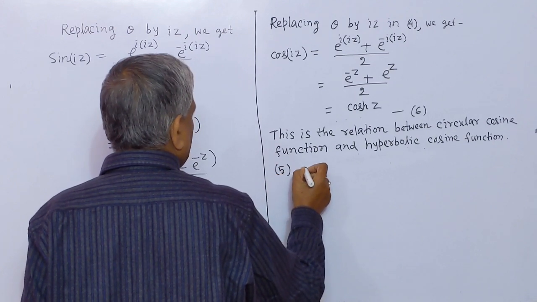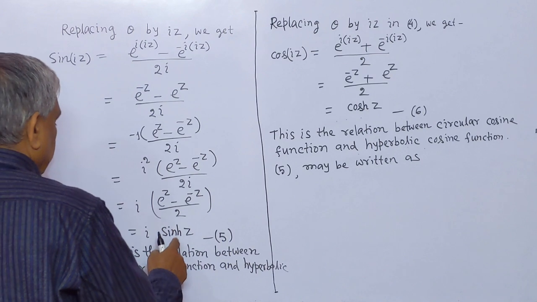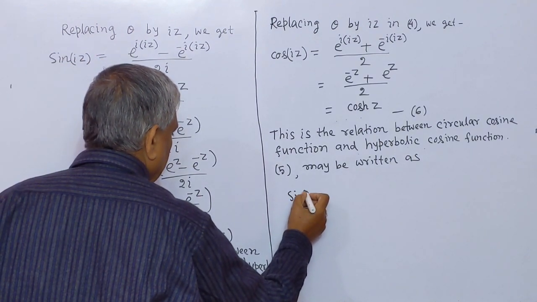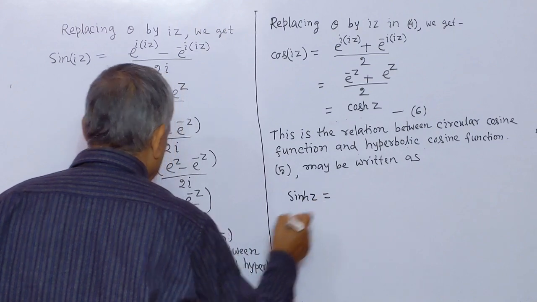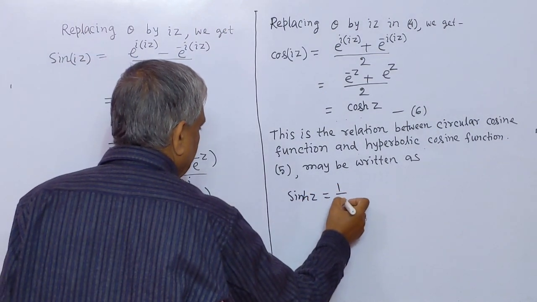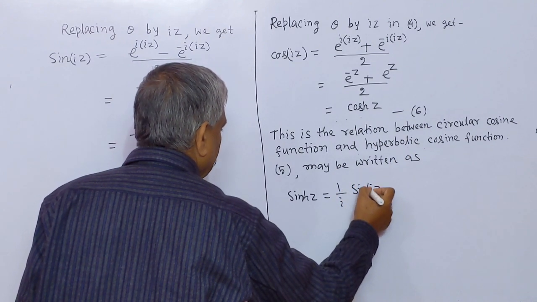5 may be written as: here we keep sinh z and i goes to the left side, 1 by i sin iz.